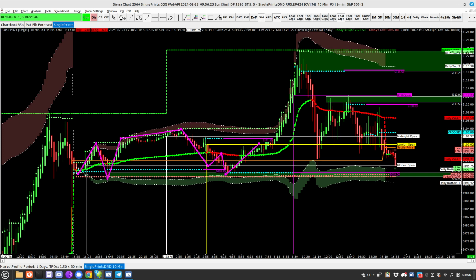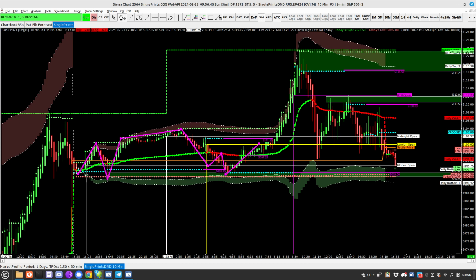You can see where it came down, right in here. There's your retest. Here's your Globex retest right there. Boom, boom, boom, boom. And then reject, reject, reject, reject, and then back to the upside.